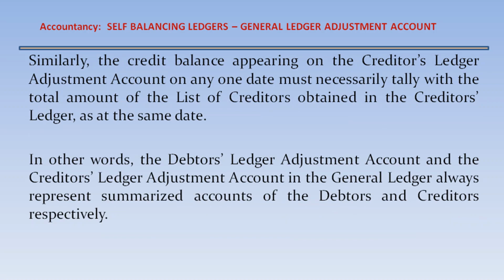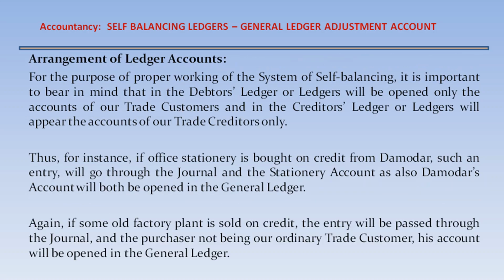Similarly, the credit balance appearing on the creditors ledger adjustment account on any one date must necessarily tally with the total amount of the list of creditors obtained in the creditors ledger as at that same date. In other words, the debtors ledger adjustment account and the creditors ledger adjustment account in the general ledger always represent summarized accounts of the debtors and creditors respectively.